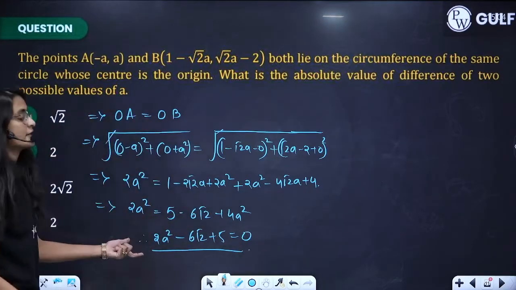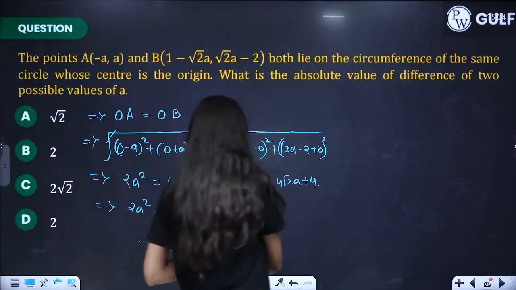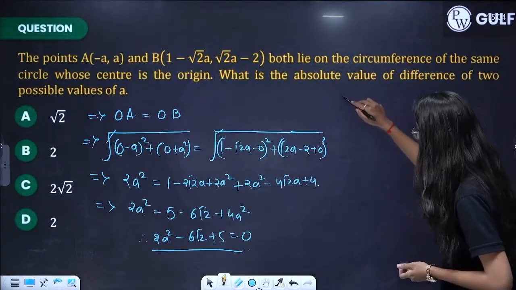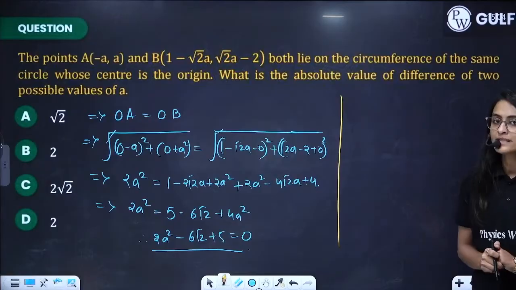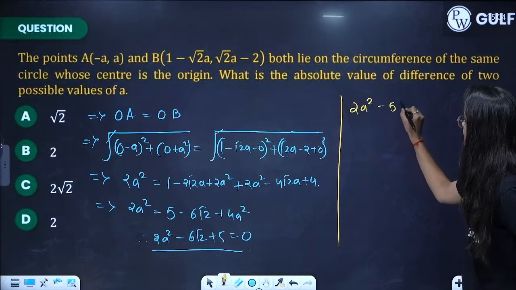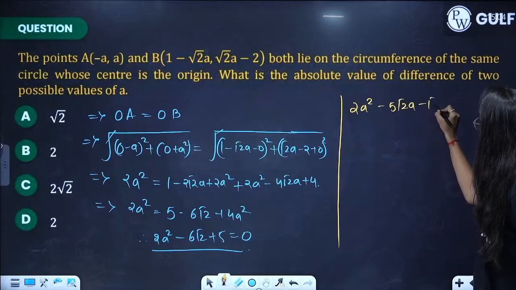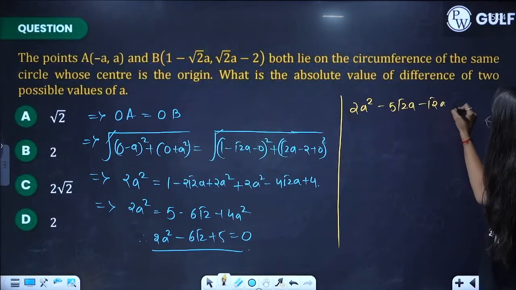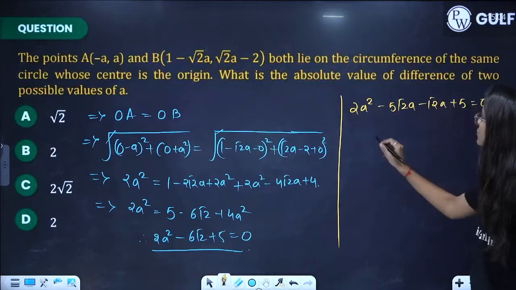Here you have obtained a quadratic equation where you will be obtaining two possible values for A. Okay, so if you split the middle term, you'll get 2A square minus 5 root 2A minus root 2A plus 5 equals to 0.